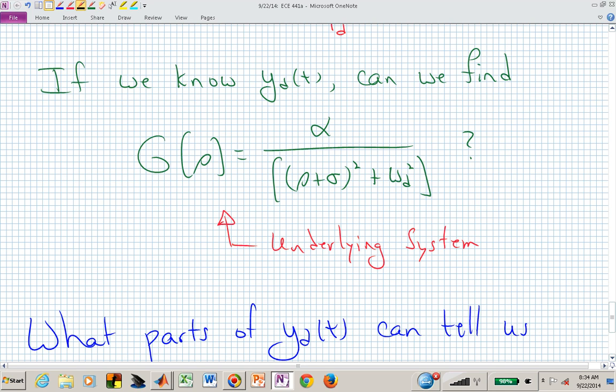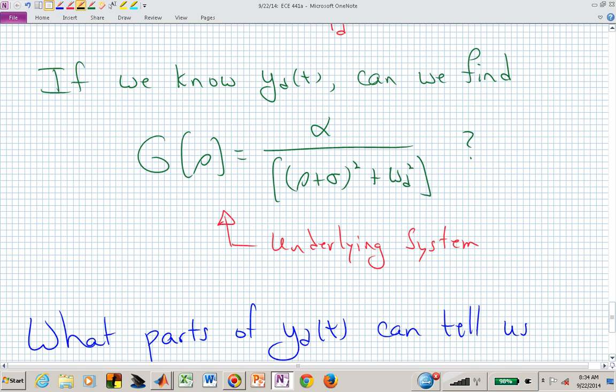We have 2 poles at minus sigma plus and minus j omega sub d. If I put S equal to 0, I now have alpha over sigma squared plus omega sub d squared. That's my DC gain. So if I knew sigma and omega sub d, I could find alpha if you give me the DC gain. And in my example, I said go to 2,000. It said, I'm going to go to 1,000. The DC gain was 1/2.